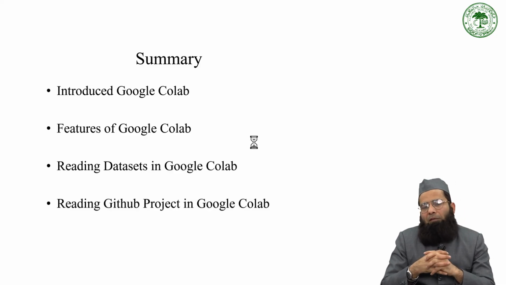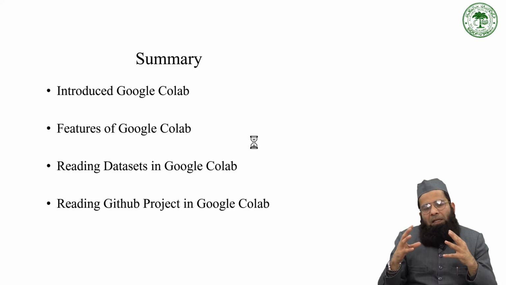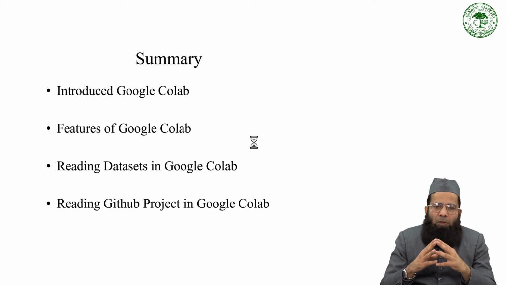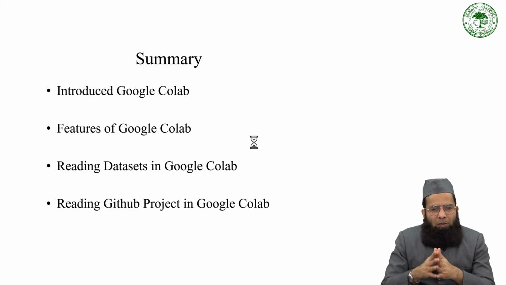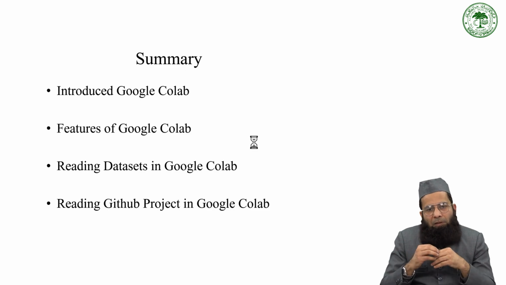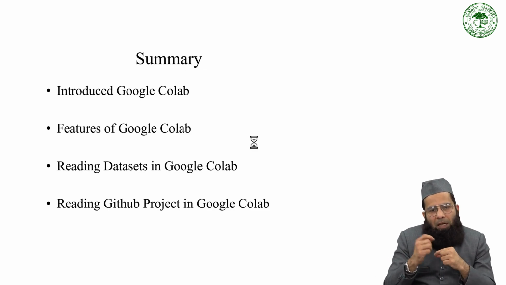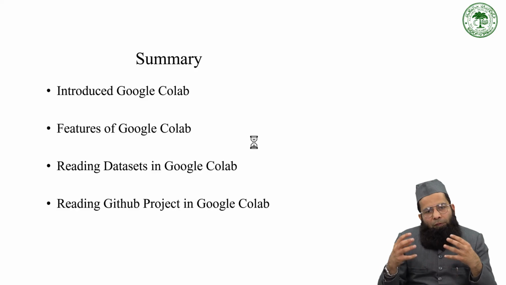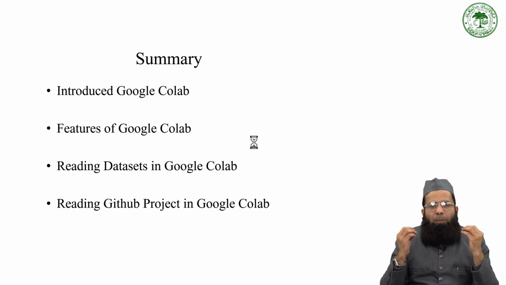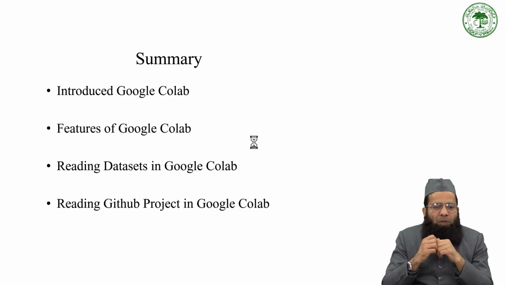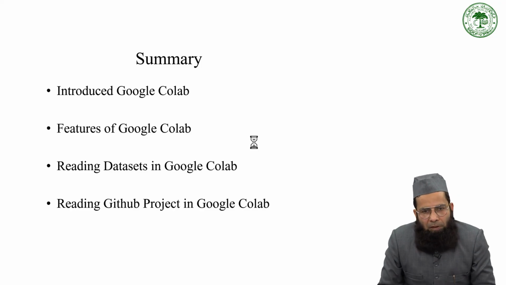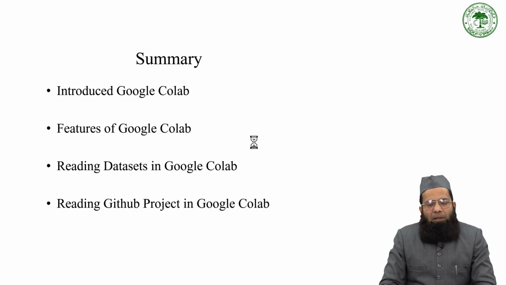We have also seen how we can read a GitHub project in your Google Colab. So these are benefits of Google Colab. There is a very seamless integration between Google Colab and the Kaggle dataset as well as GitHub.